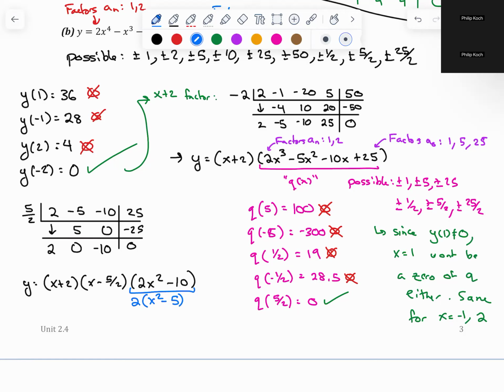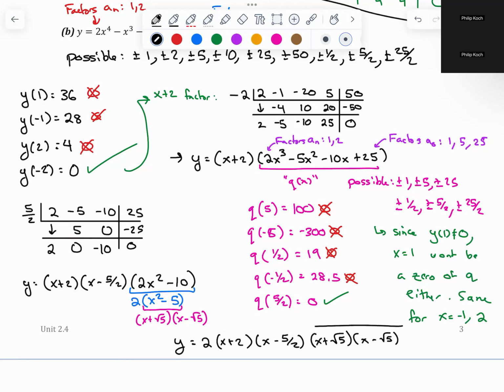But we can break it down further by making that x plus square root 5 times x minus square root 5. So at the end of the day, y equals 2 times x plus 2 times x minus 5/2 times x plus the square root of 5 times x minus the square root of 5. All right, in all its glory.